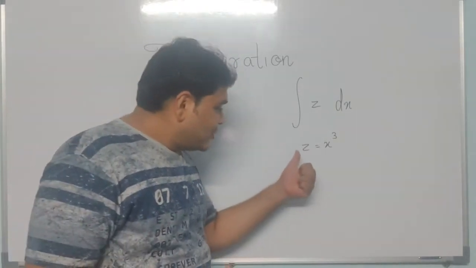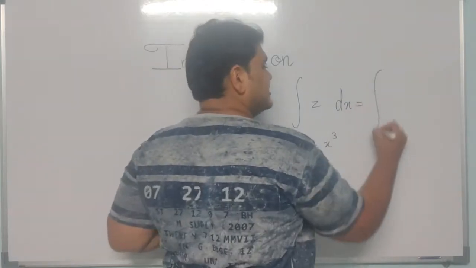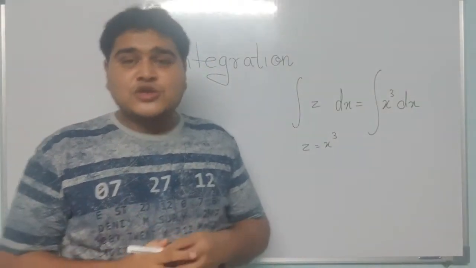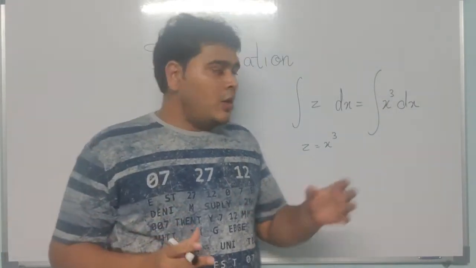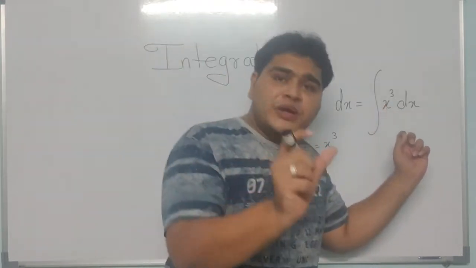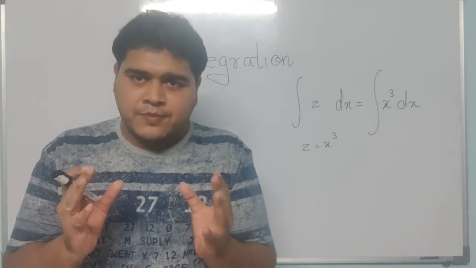It means you can substitute this x cube over here itself, and then you can get this as the integration of x cube dx. So the variable you are integrating and the variable with respect to which you are going to apply the integration are going to be the same.